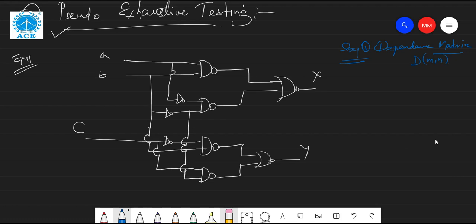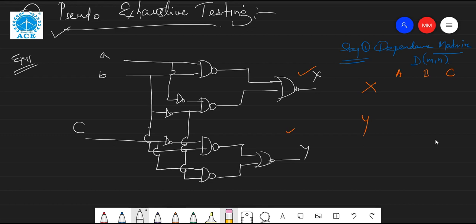For example, in this case X and Y are the outputs, and the inputs we have are A, B and C. Let us see what values output X depends on, ABC or AB or AC.